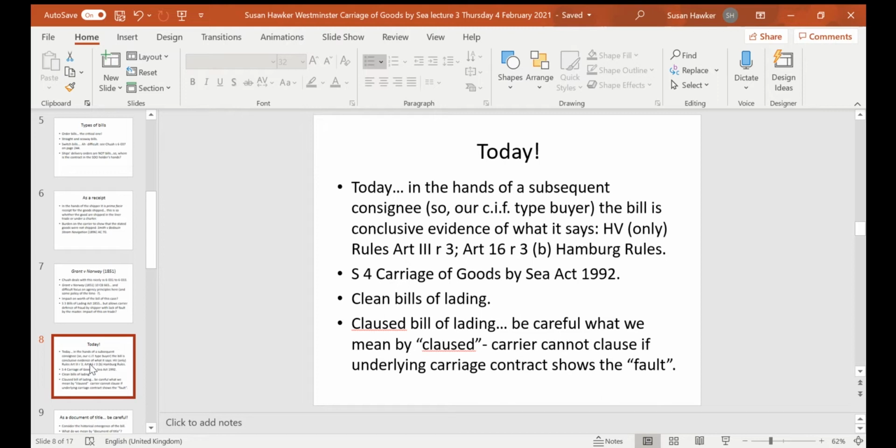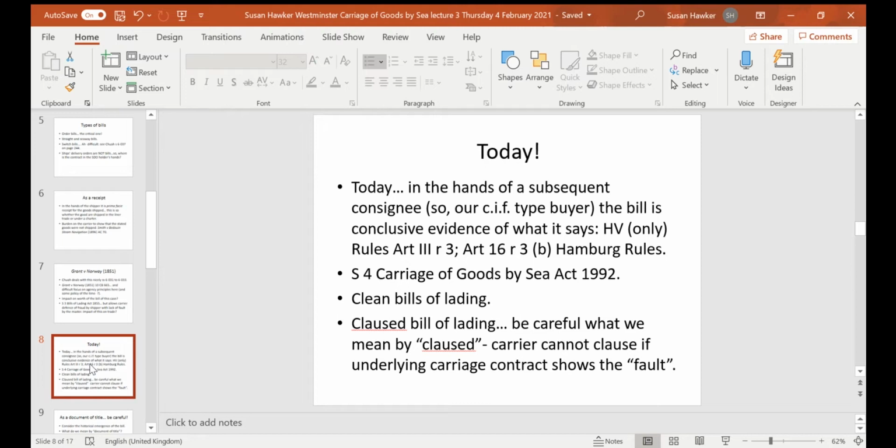Now, as I've said, clean bills of lading are a critical feature because when you are a CIF seller, you need to A, ship conforming goods, the first tier, and B, you need to tender conforming documents. That bill of lading must, as far as the bill of lading can do, and in modern trade with containers and pallets, particularly with containers because the container trade is enormous, that can be difficult.